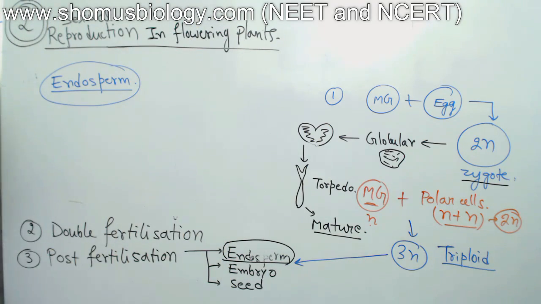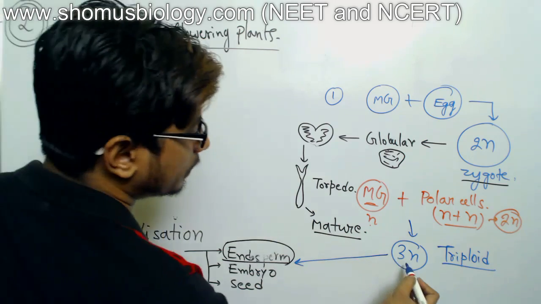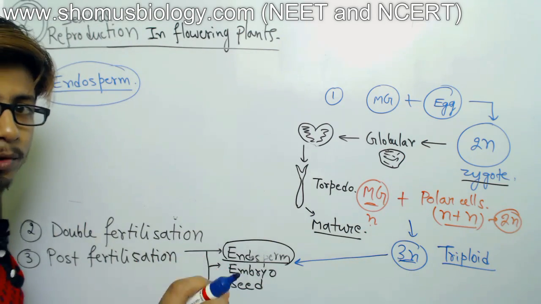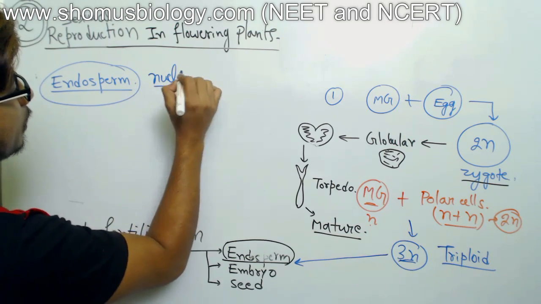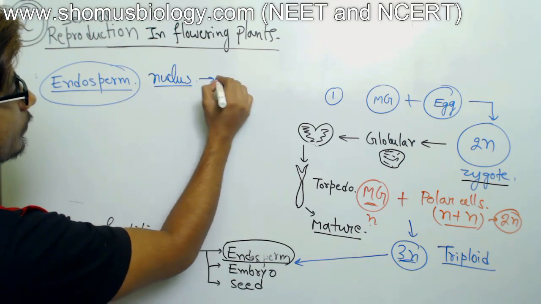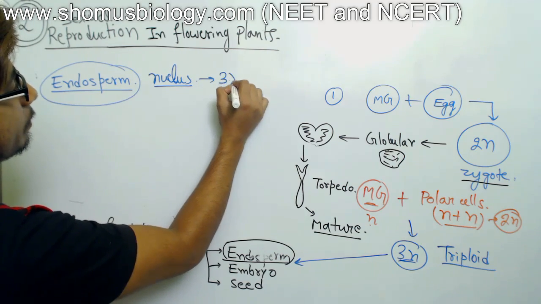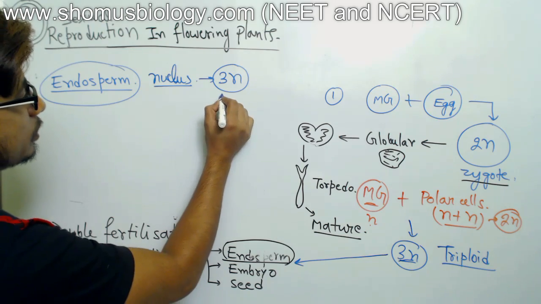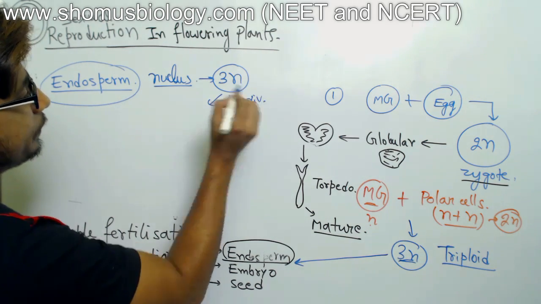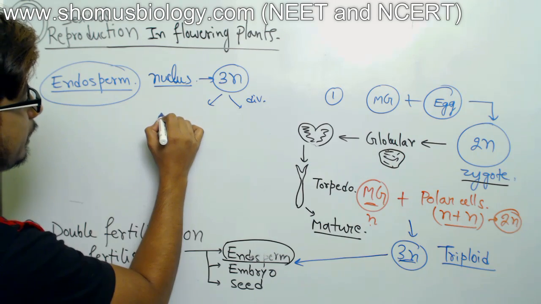But this endosperm also modifies, because what happens to the endosperm? It carries 3n chromosomes. So the nucleus in the endosperm has 3n chromosomes. This triploid cell also starts dividing, and this division will produce many nuclei.